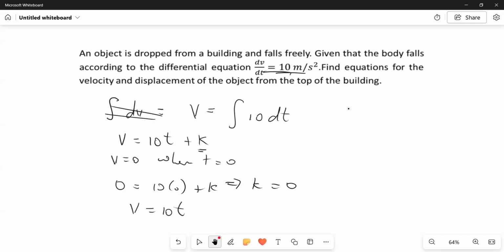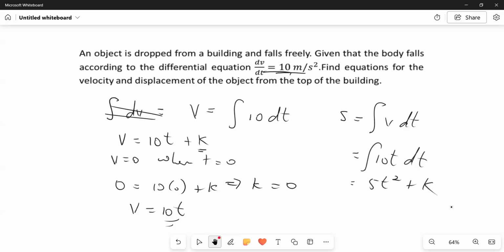And then we said from the previous part that s equals the integral of v dt. We've got v now, so it's equal to the integral of 10t dt. The integral of that is 10 over 2, 5t squared. And you can again put your k at the end. We can evaluate our k, because at the top of the building, when t equals 0, s is equal to 0 as well.